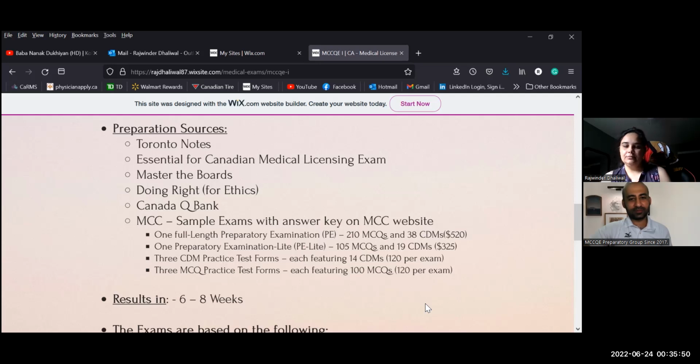The exam itself is so long that it can be nerve-wracking. But the content itself, I believe, is something you would find familiar. I think most people have difficulty with the CDM because we don't focus on those questions. So I would say do those questions too. Focus on CDM.